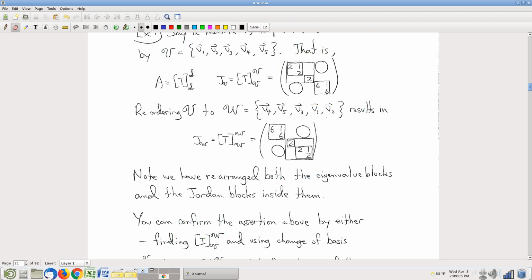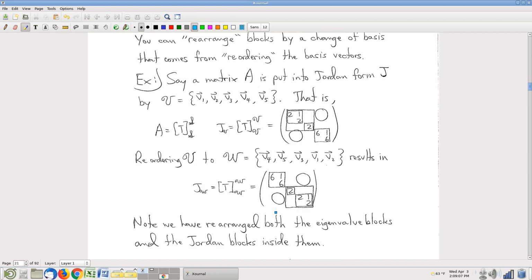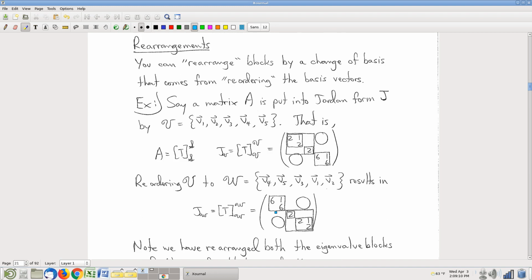Okay. All right. So let me put a slightly different spin on this then. When you rearrange blocks, that rearrangement of blocks can be thought of as a change of basis. In fact, it's a special kind of change of basis. It's a change of basis that's really just a change of the ordering of the basis.